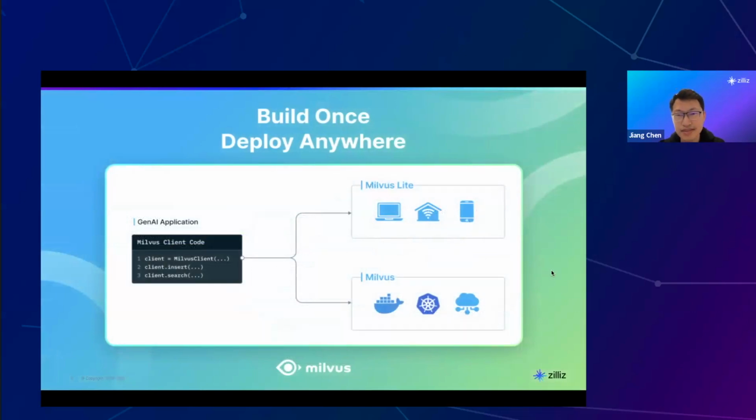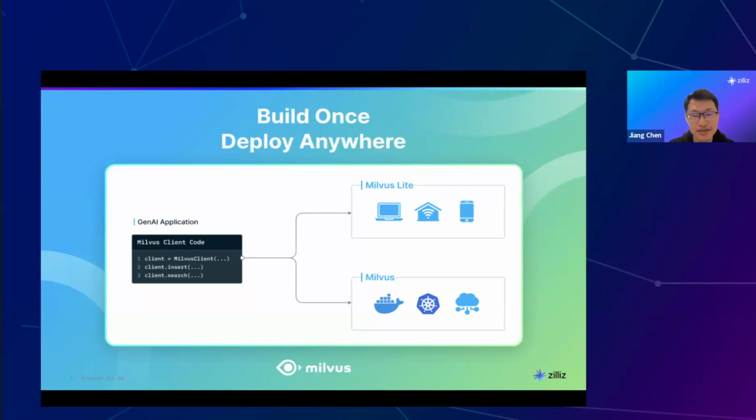So with this design, now you can use Milvus pretty much everywhere. In your GenAI application, you just write the Milvus-related client code once: you instantiate the client, you do insertion, search, and this code can work with any kind of Milvus deployment, whether it's Milvus Lite running on devices with limited computation resources, or Docker, Kubernetes, and even the cloud, like Zilliz Cloud, which shares the same API as Milvus.